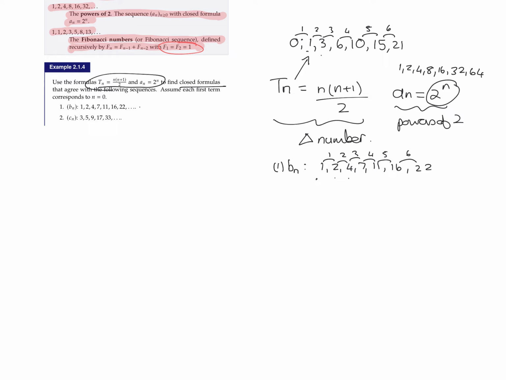Then we are missing, but we can see the growth stays the same. Now that is interesting. If the growth stays the same, 6 grew by 1, 10 grew by 1, 15 grew by 1 to 16, 21 grew by 1 to 22.